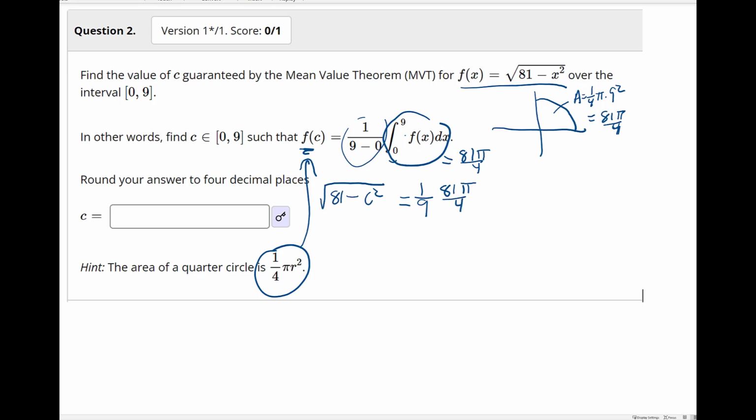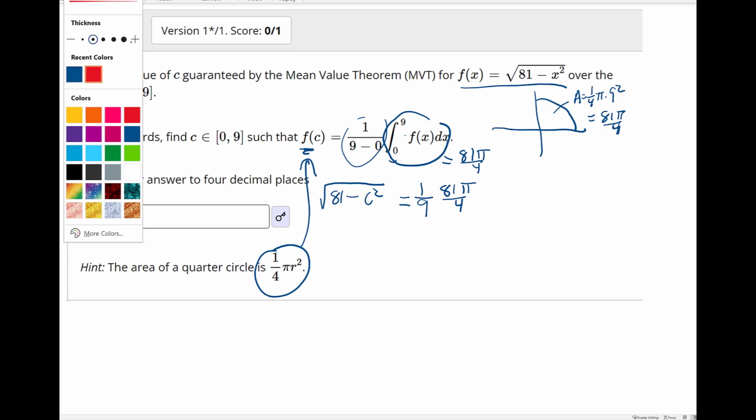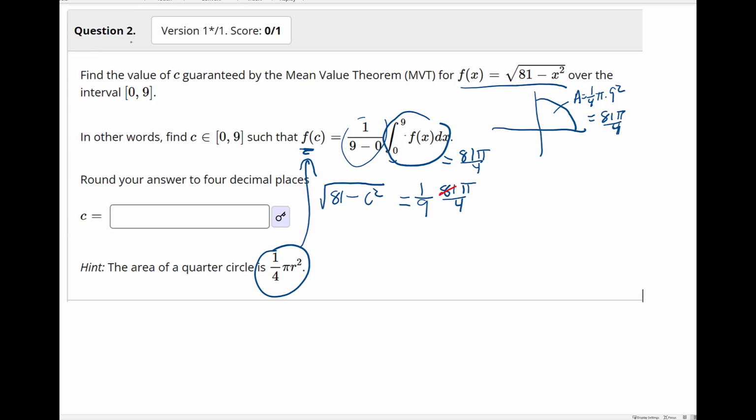So we can reduce the 81, and the 9 cleans it up a little bit, and we end up with the square root of 81 minus c squared equals 9 pi over 4.